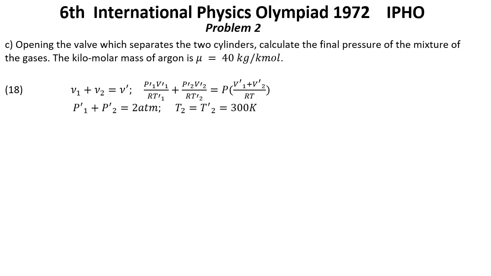And we can write that nu1 plus nu2 equal nu prime, P prime 1 multiplied by V prime 1 over R T prime 1 plus P prime 2 V prime 2 over R T prime 2.